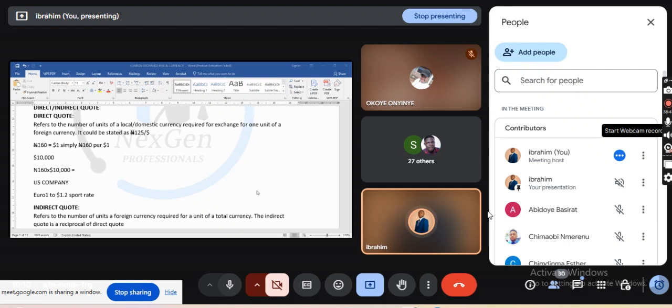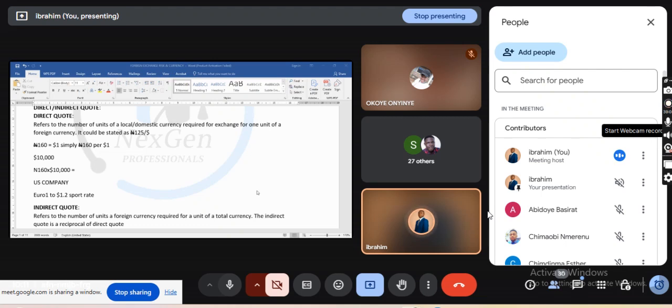If you want to get the total value, it will be 160 naira for $1 times 10,000, which gives you the total naira amount you will have at the end.